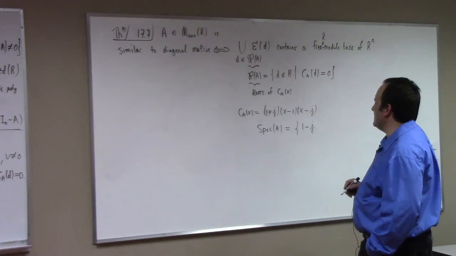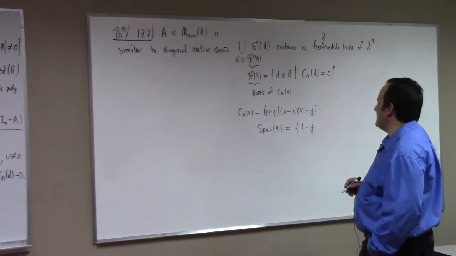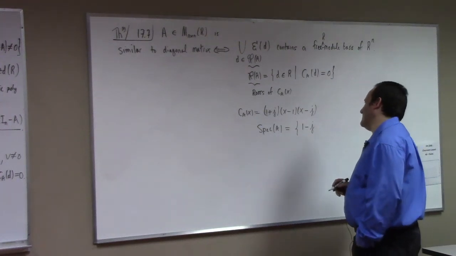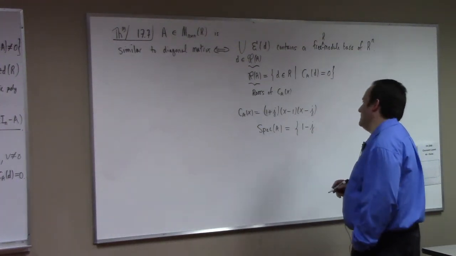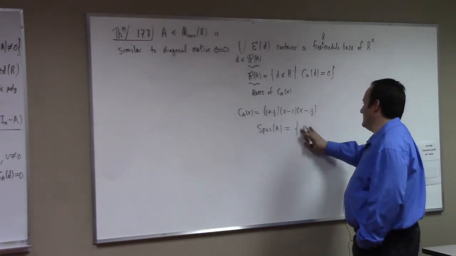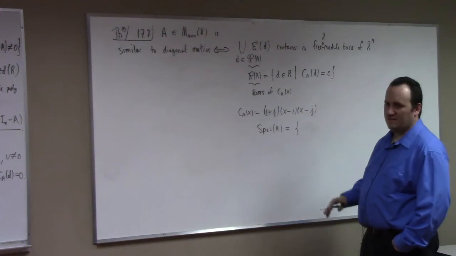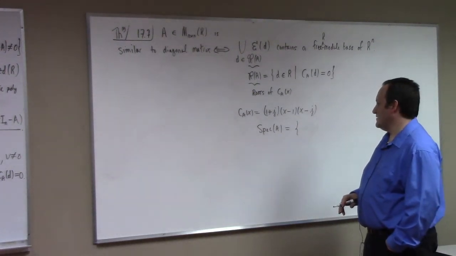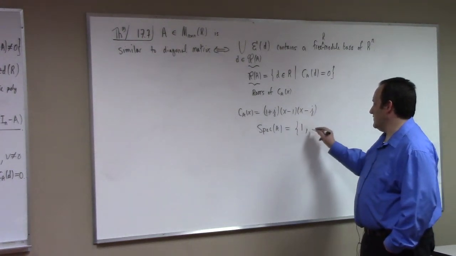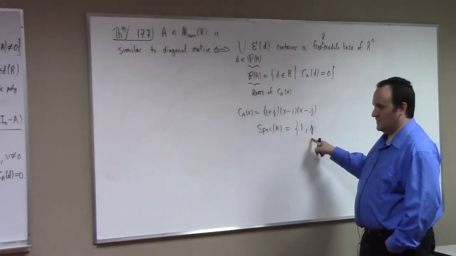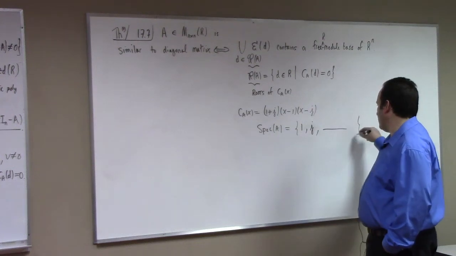I'm not sure what the spectrum would include. Certainly one and j are your roots, but then there's other stuff.